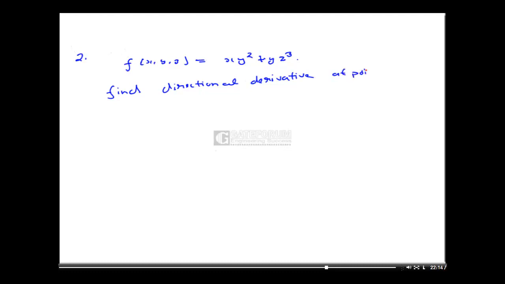For a given function f, which can be treated as a surface, equal to xy^2 + yz^3, find the directional derivative at the point (2, -1, 1) in the direction of i + 2j + 2k.